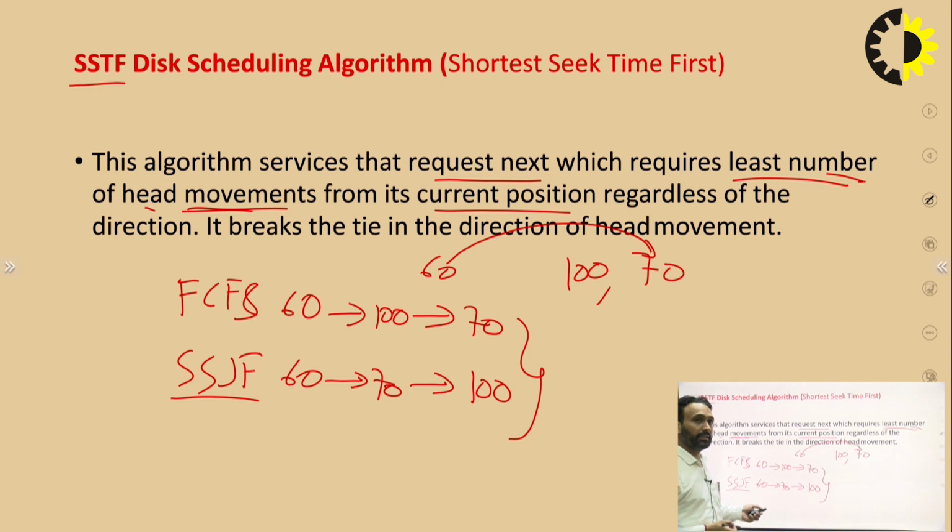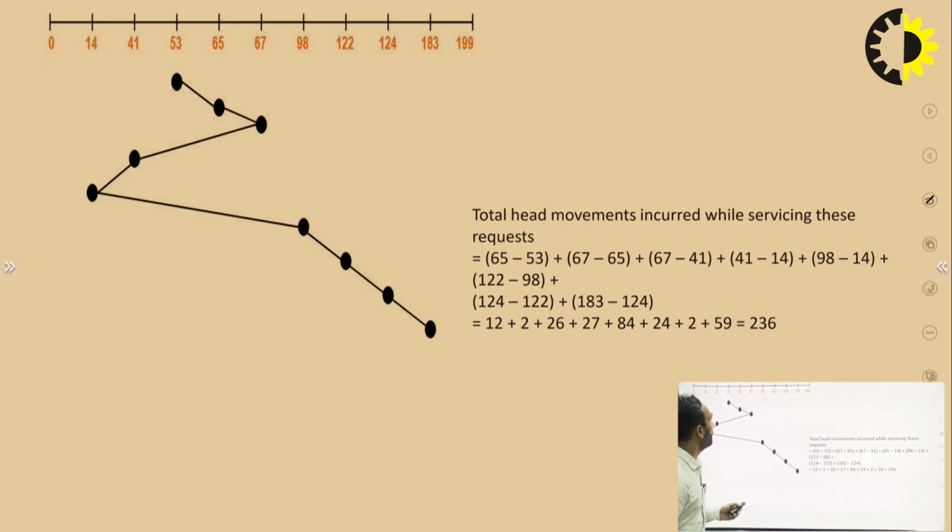Now we will take the same example by using the shortest seek time first method. Now have a look over here. In the graph, as we see, the head location is 53. So in this method, as I said, we make an ascending order list, that is head location 53.